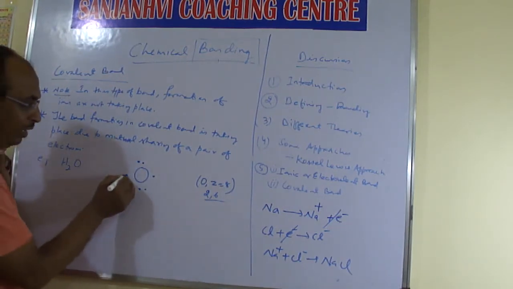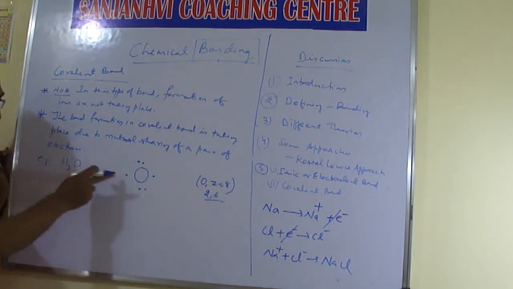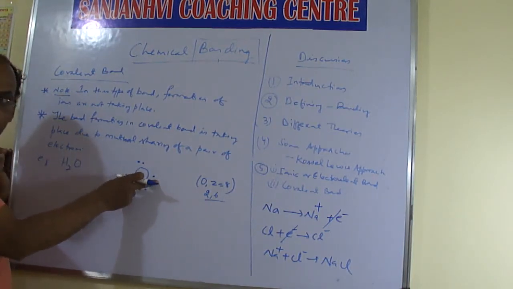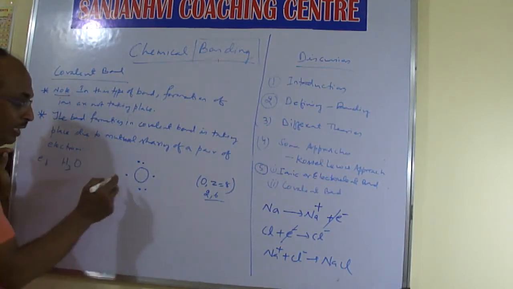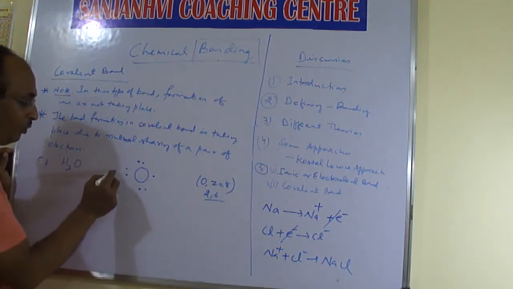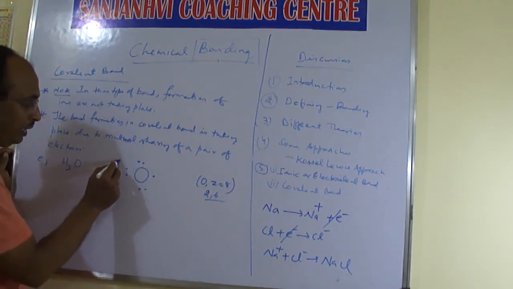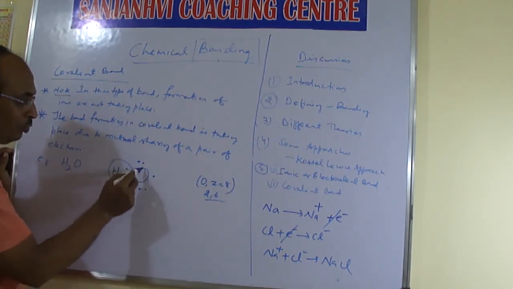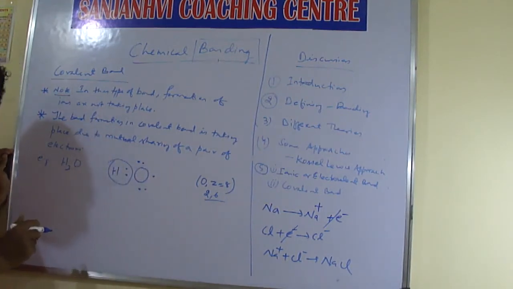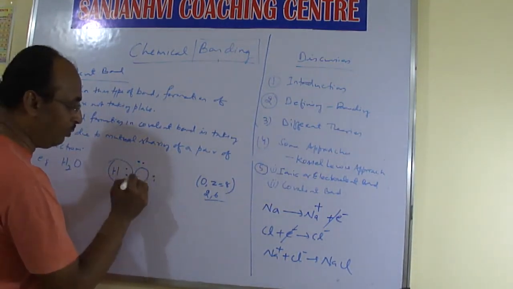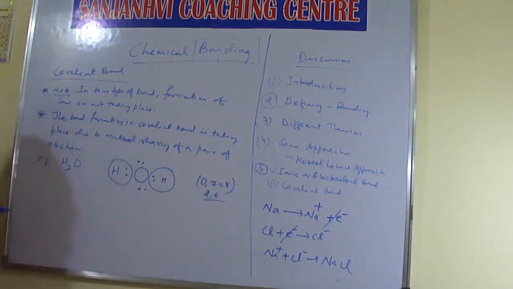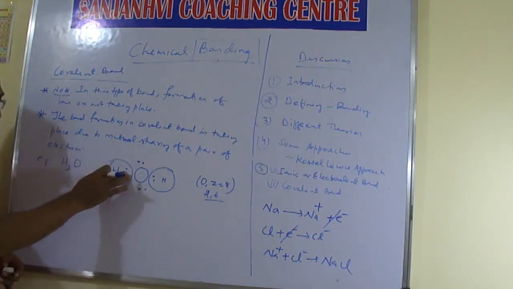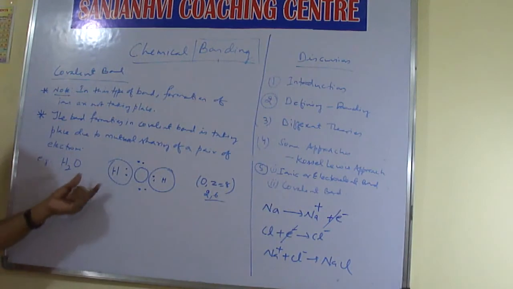Now the hydrogens. Each hydrogen has 1 electron with which it can form a bond. Each hydrogen comes and forms a bond with this O. One electron is given by oxygen and another electron is given by hydrogen.